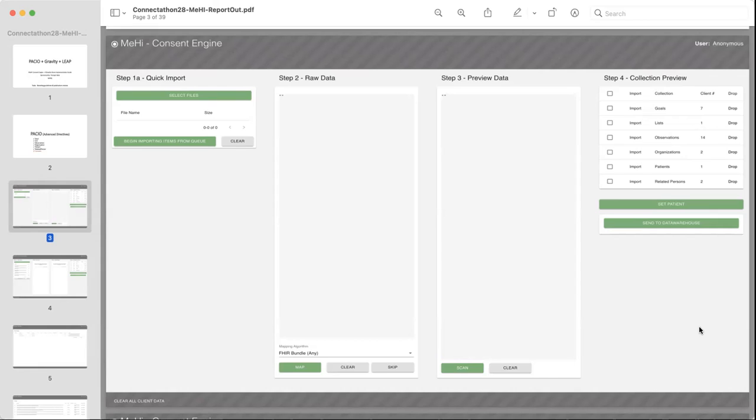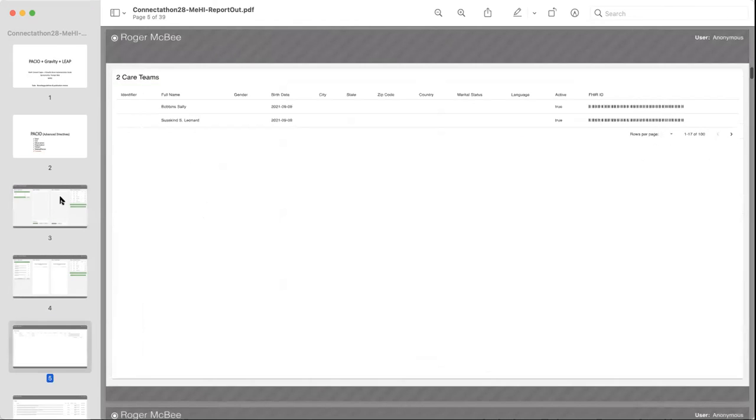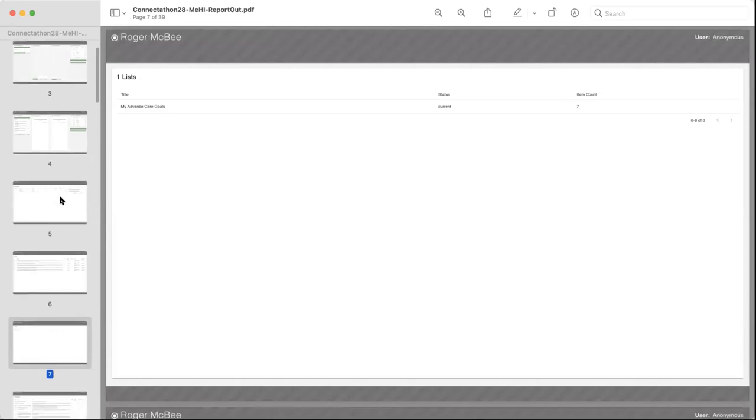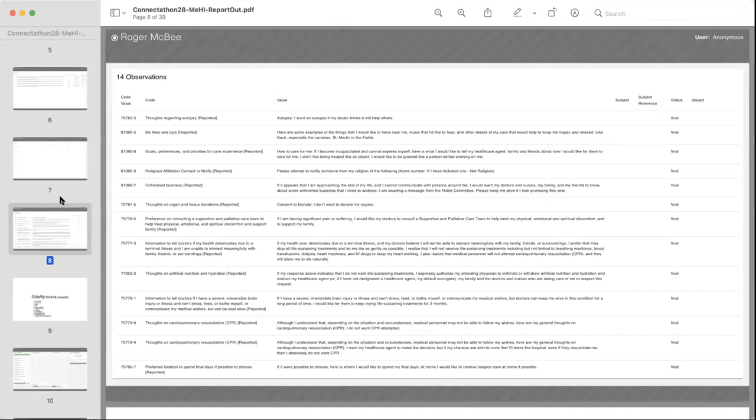So I started importing the Passio artifacts, and there were goals and lists and observations and organizations and patients. Actually, this is a little backwards. It started here, then we imported it. There were care teams created, and the goals and the lists, and we loaded up all the observations, and it was all great, but no consent records.